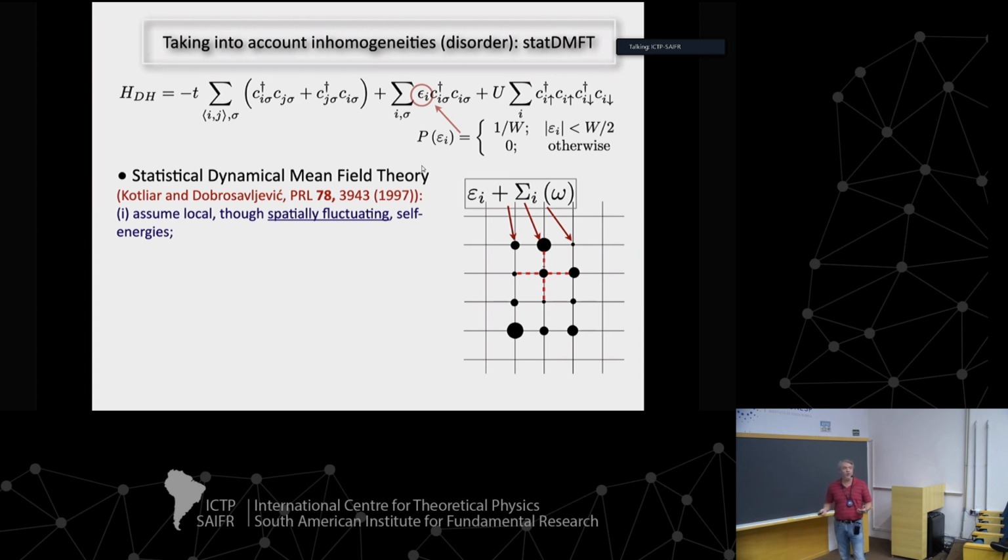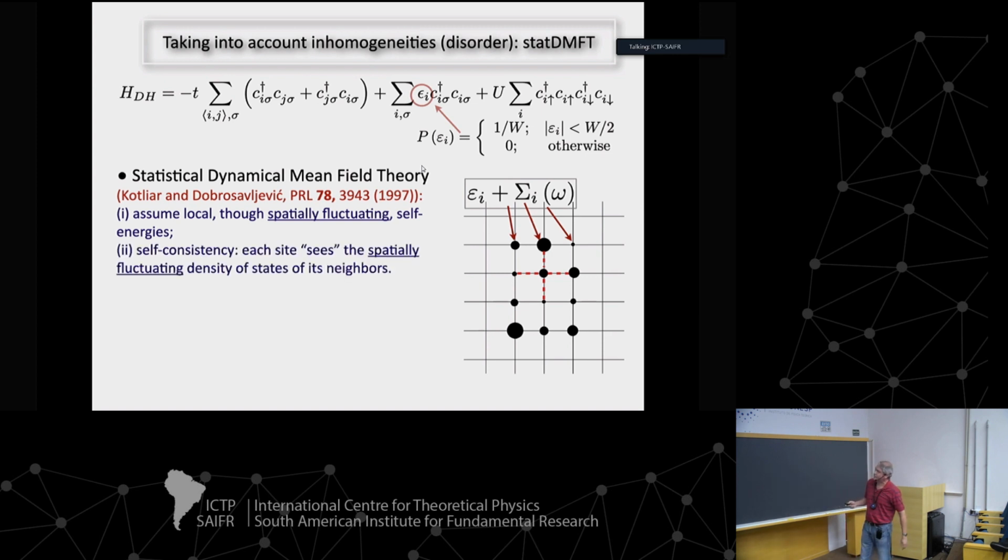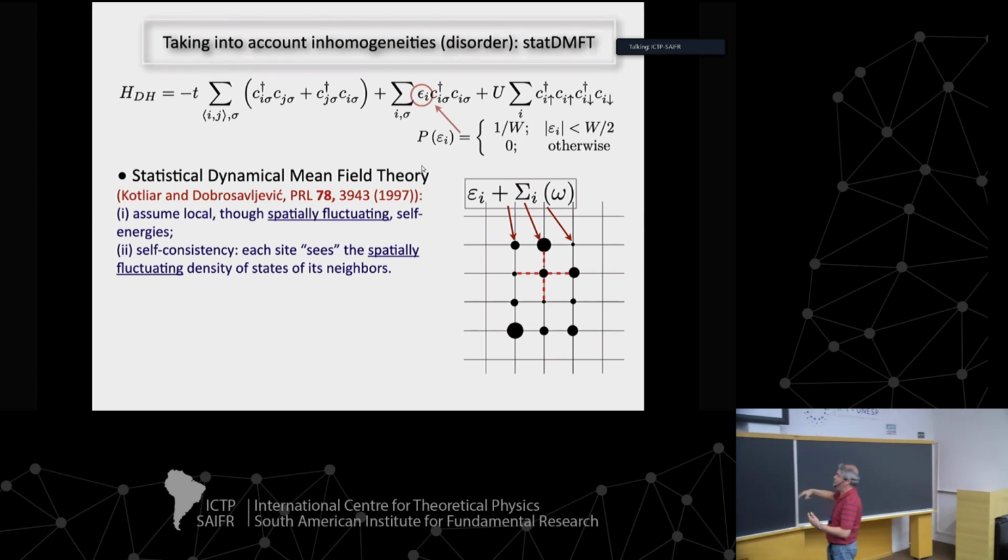Just like before, you have to solve an impurity model for each site. Now, each site is going to be described by a different impurity model than the other sites, so the complexity of the problem increases considerably. And you have to impose self-consistency, just like before. So we assume local but spatially fluctuating self-energies for the electrons, and we impose self-consistency, in the sense that this site will see the rest of the lattice summed over, and will also feel the spatial fluctuations of the other sites.